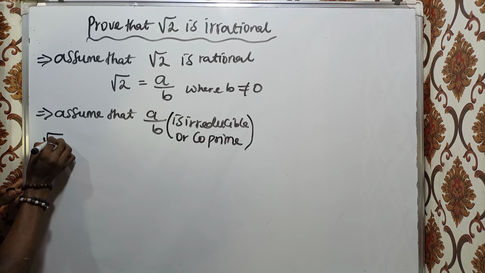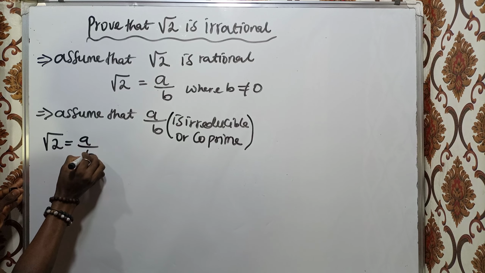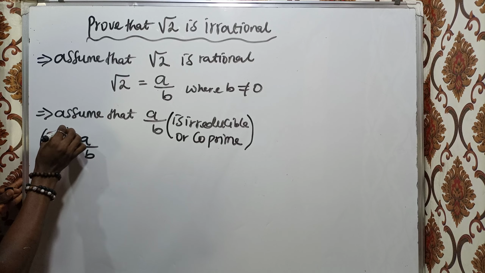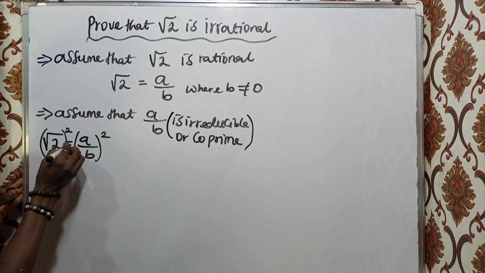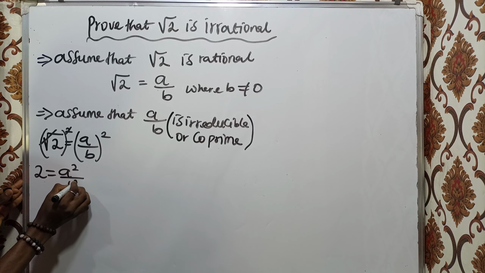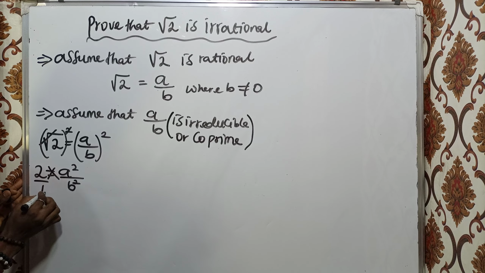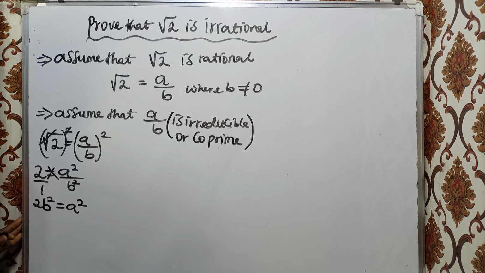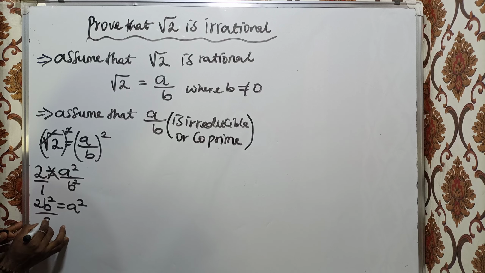So root 2 is equal to a over b. Now what are we going to do? We square both sides. Squaring both sides, this will cancel this, so 2 is equal to a squared over b squared. When we cross multiply, it will be 2b squared is equal to a squared. Now, do you see that we can divide here by 2?